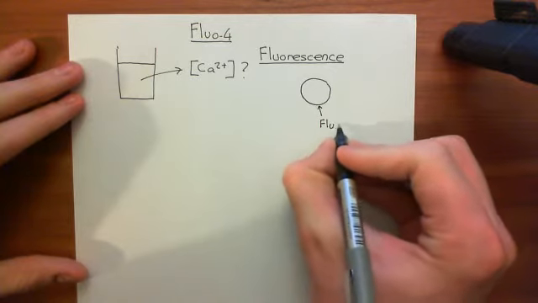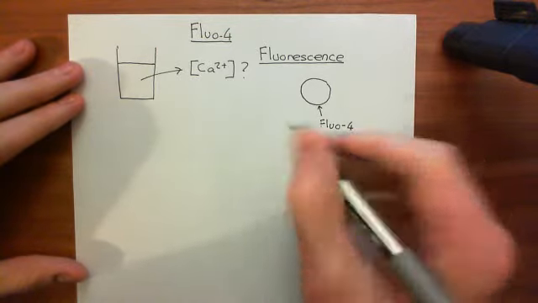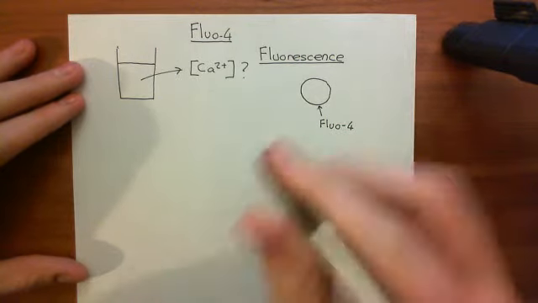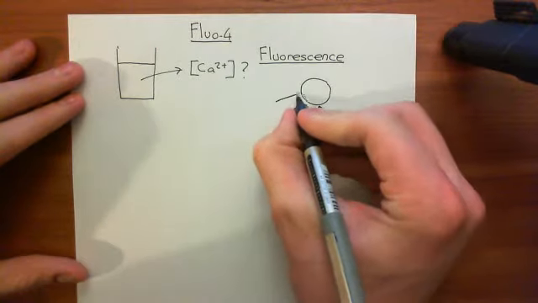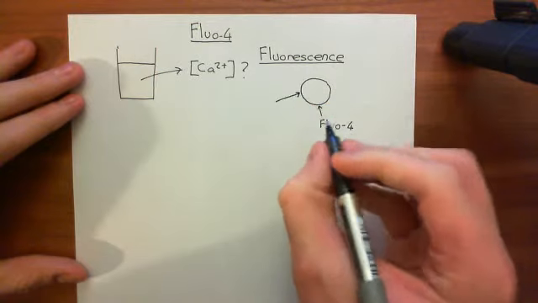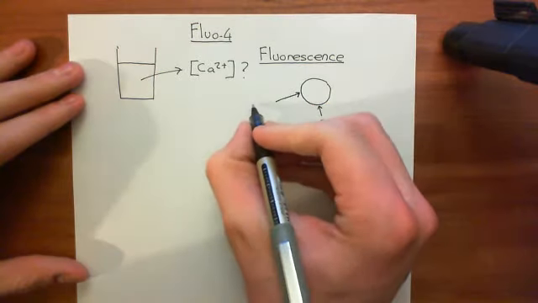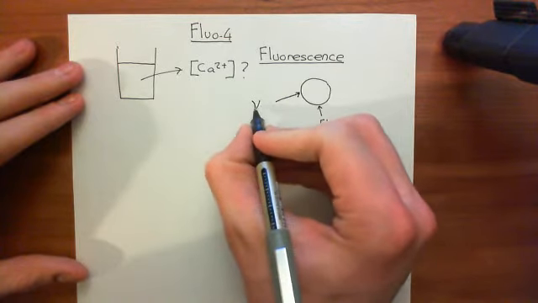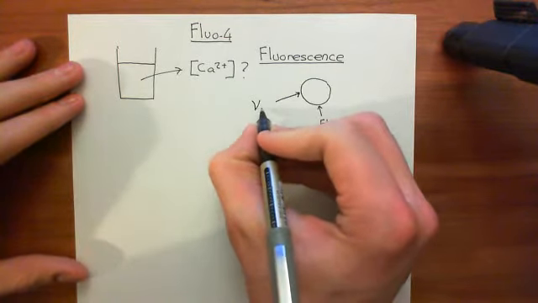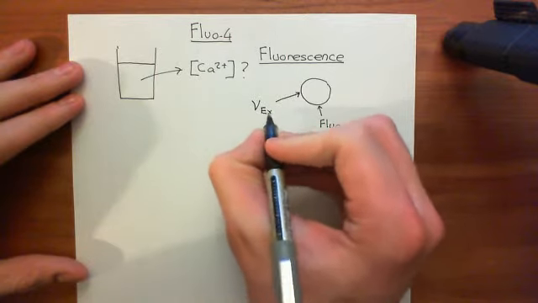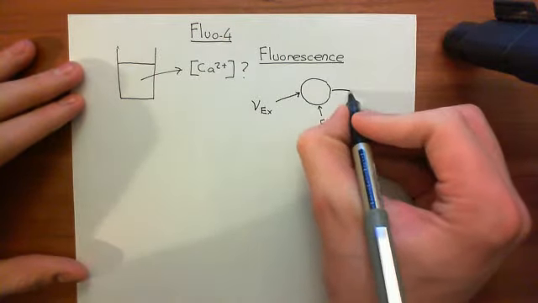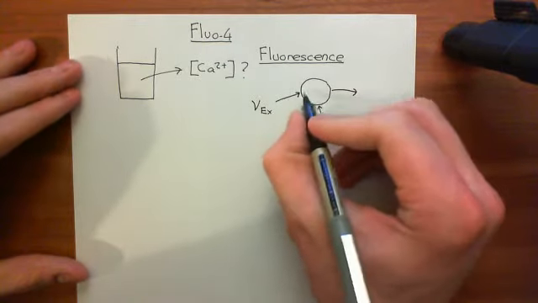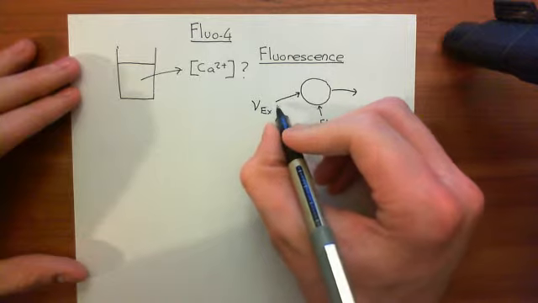So Fluo-4 is some chemical, okay, you can Google the structure of it if you wish, and basically it can absorb light of a certain wavelength, okay, so we'll call this the frequency, which of course is related to the wavelength, the frequency of excitation, okay, and then it will get the energy that it gets from this photon, from absorbing this photon of the excitation frequency.